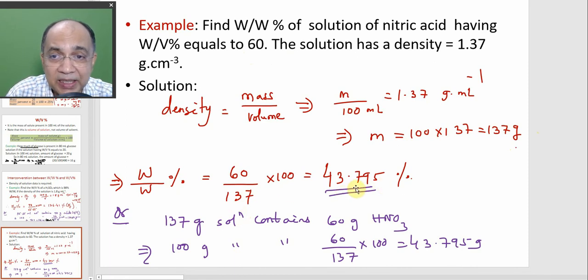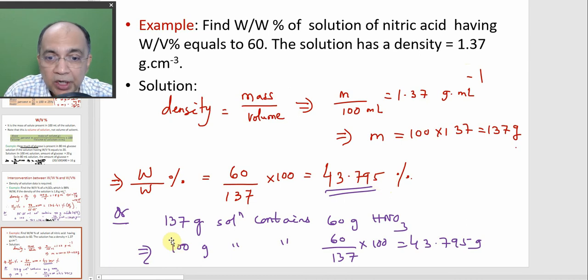Did you notice that W by V percent is 60 but W by W percent is less, 43.795? Because the density is not as high as the previous case, they are not widely different. But in the earlier case, the W by W was 98% and W by V was 176 something percent.